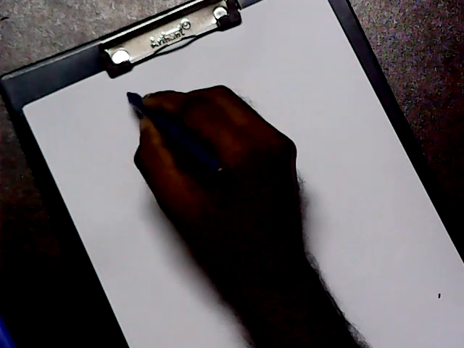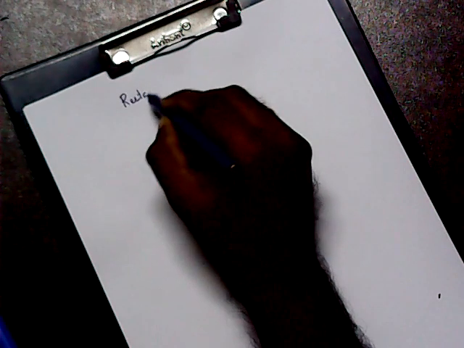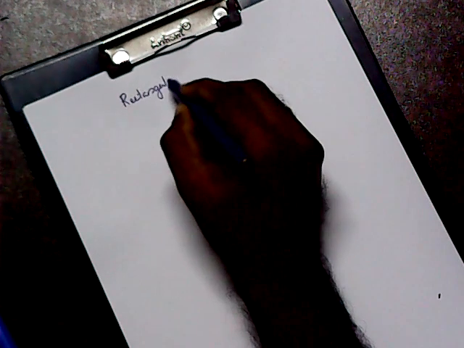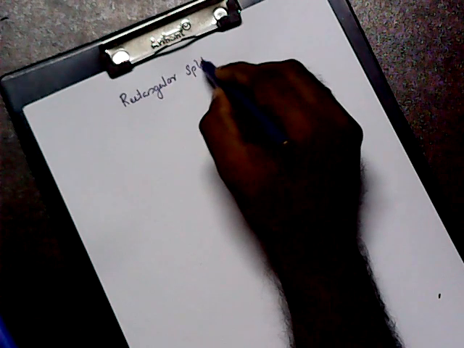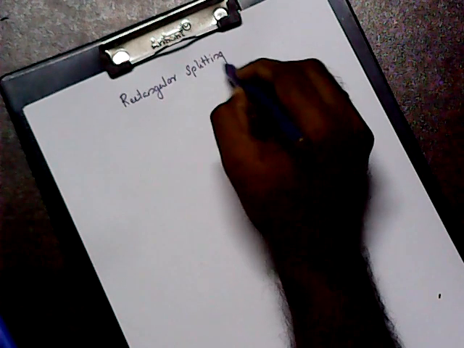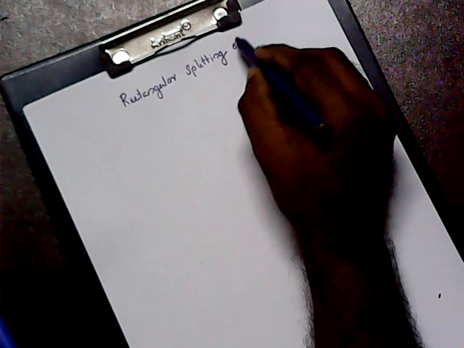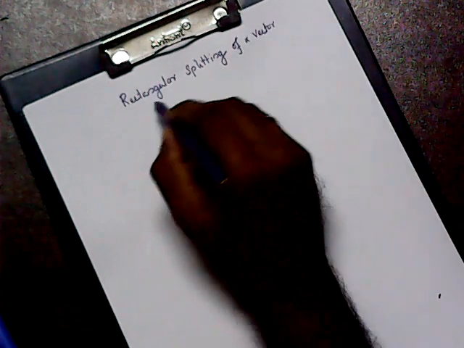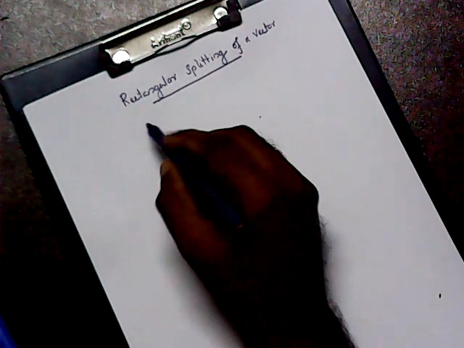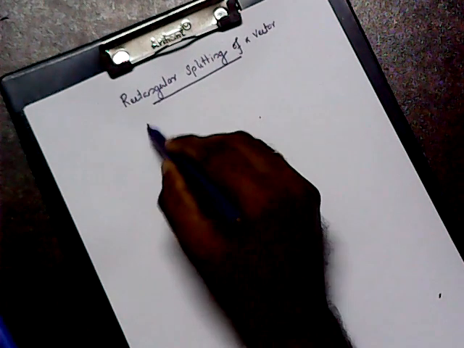Then now we can move to the very important concept, that is what is called rectangular splitting of a vector. See, we know the simple concepts at first.